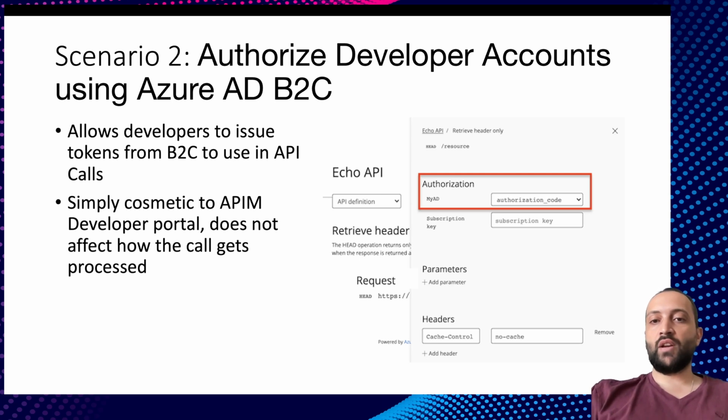All it does is that if you were successfully able to issue a token from this directory, then it would add an authorization bearer header right here, whereby the JWT token is passed through to your API. If your API or the API gateway doesn't do anything with it, that's a different matter. It just provides you with this bit of interface right here.